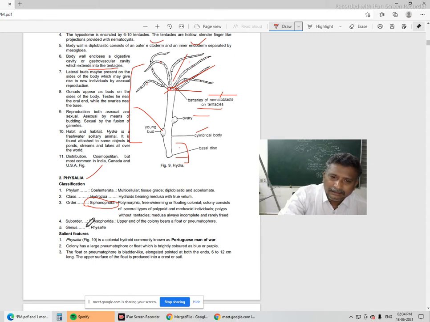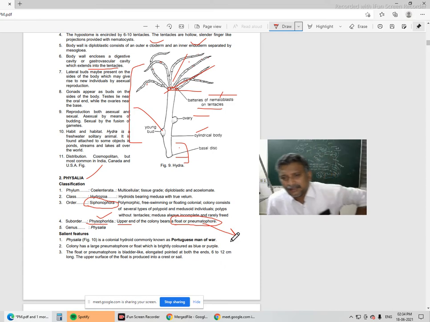Sub-order Physophorida: the upper end of the colony bears a float, the nematophore. Please remember, if a float nematophore is present, that is called Physophorida. Here, in place of the nematophore, if there are swimming bells, that becomes another one, because a swimming bell and a nematophore both do the same kind of work.